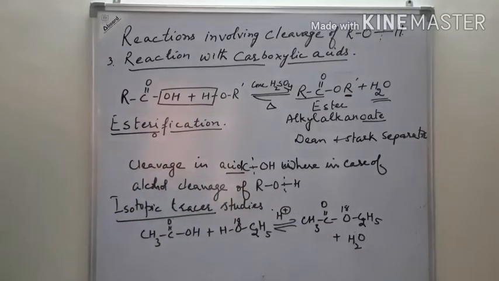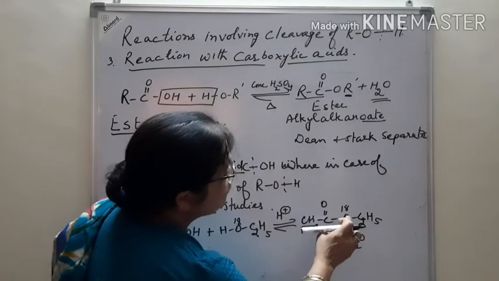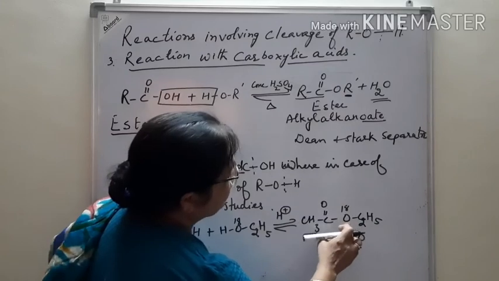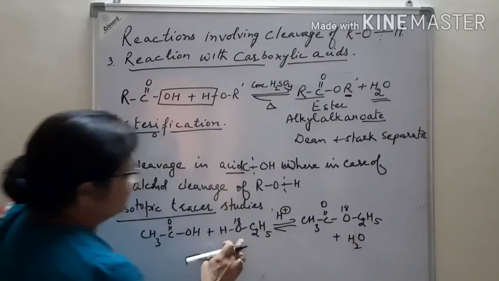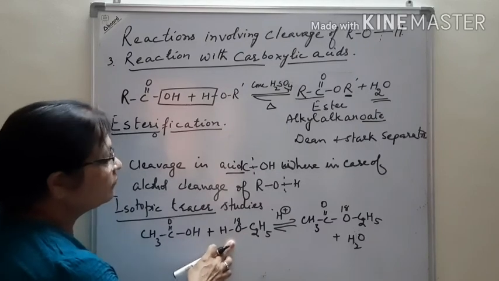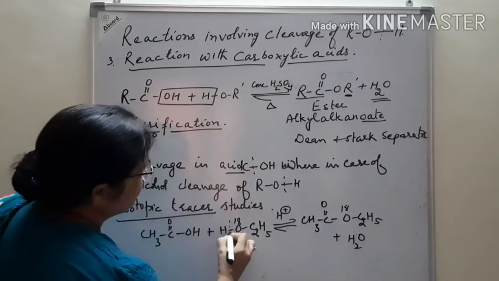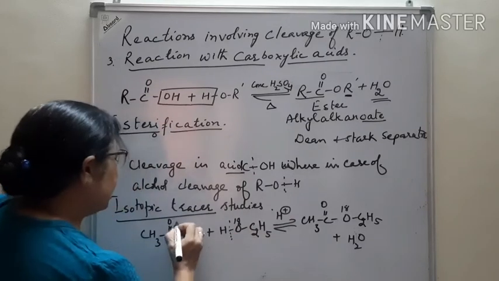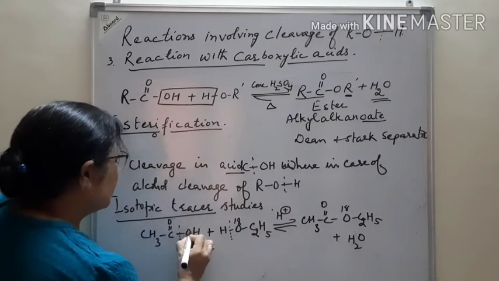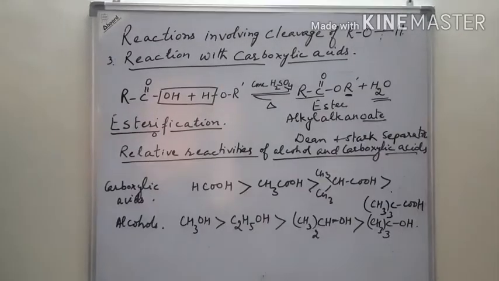We performed the reaction, and we found that the isotopically labeled oxygen is present in the ester, which you had taken in ethyl alcohol, right? From this it is clear that the cleavage takes place between the oxygen-hydrogen bond of ethyl alcohol and the carbon-oxygen bond of the carboxylic acid, right?